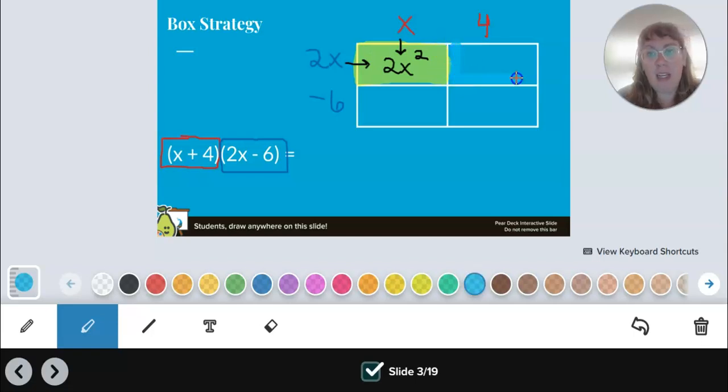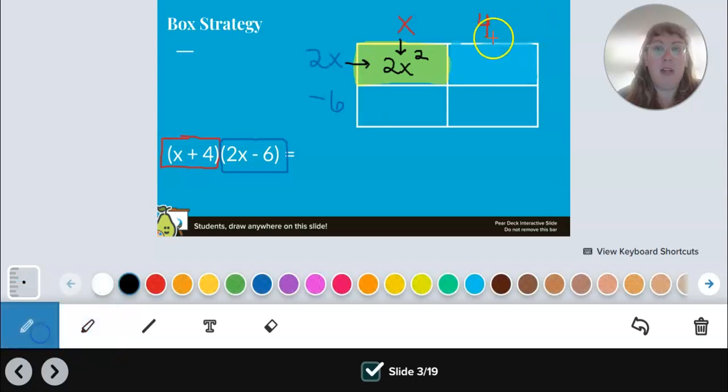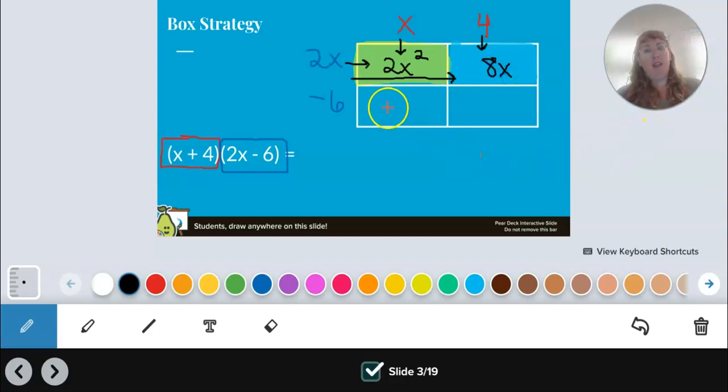Now over to the right, here's our next box. So we're going to multiply this 4 now by the 2x, which gets us an 8x. Down here in the bottom left, we have this x times negative 6, which is a negative 6x, and then 4 times negative 6, which is negative 24.